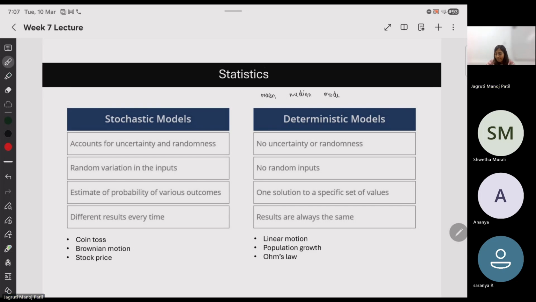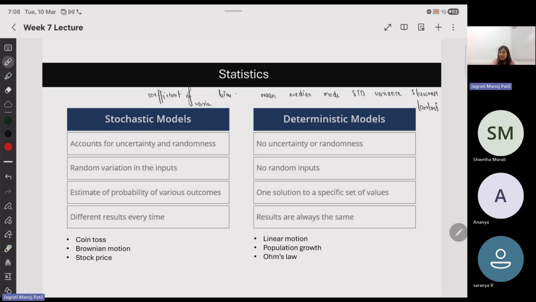Mode, standard deviation, variance, skewness, right? Then you also have kurtosis. You have bias. You have the coefficient of variation.